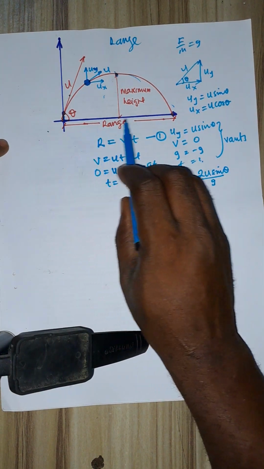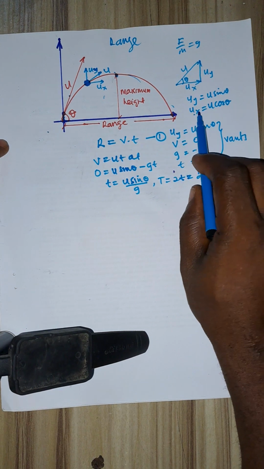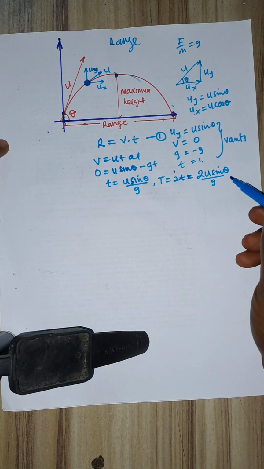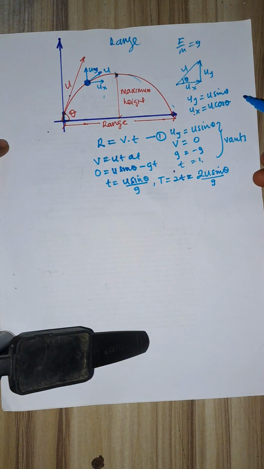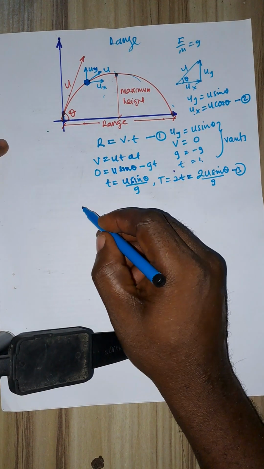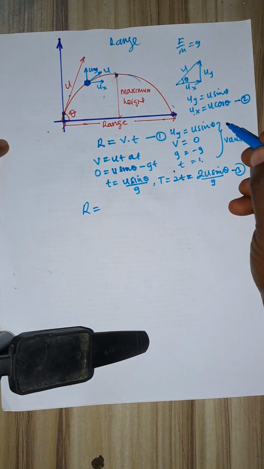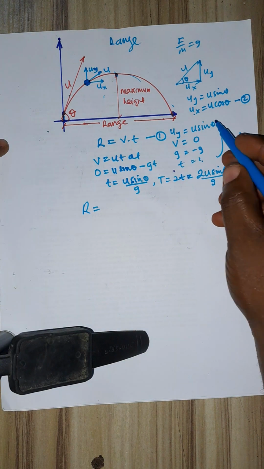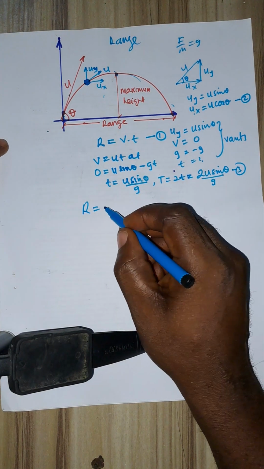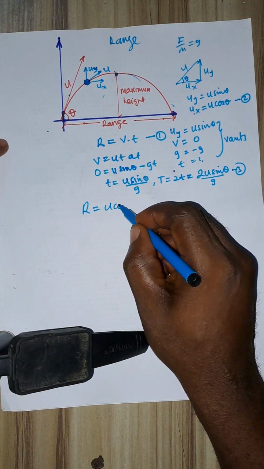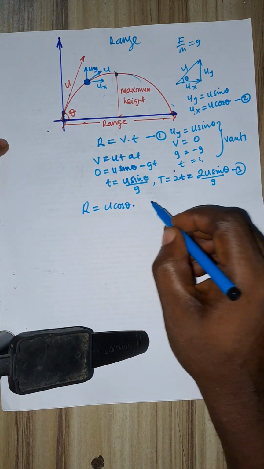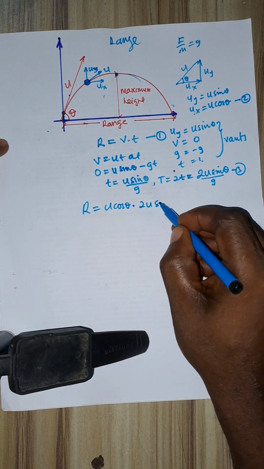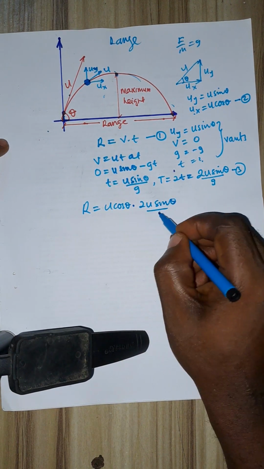Now, this range is a horizontal motion, which has ux. So if we substitute equations 2 and 3 in 1, we have range R equals the horizontal component, u cosine theta, multiplied by the time of flight, 2u sine theta over g.